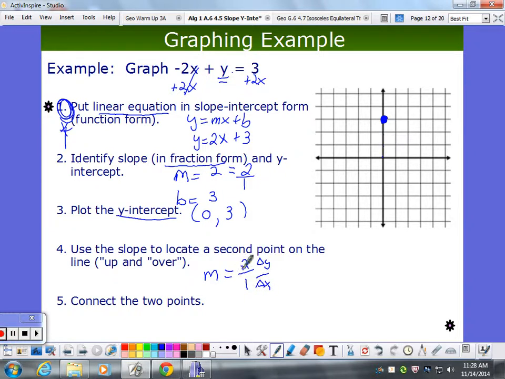It's a positive number, isn't it? So that means you go up. If this had been negative, you would go down. Now the change in x is left or right, isn't it? It's a positive number, so I'm going to go right. This says from every point to any other point on this line, you go up 2 and right 1.